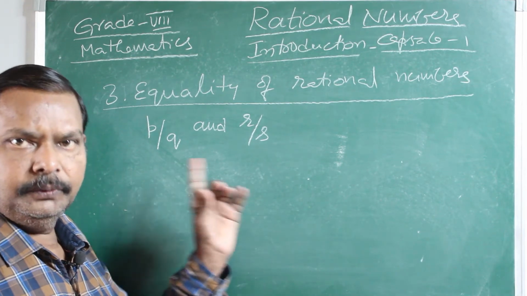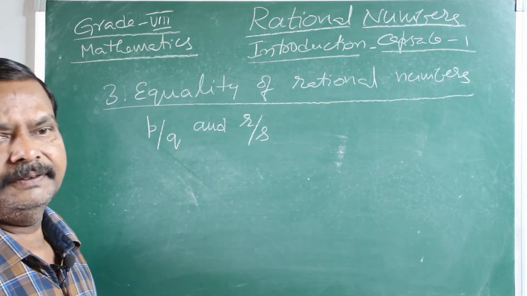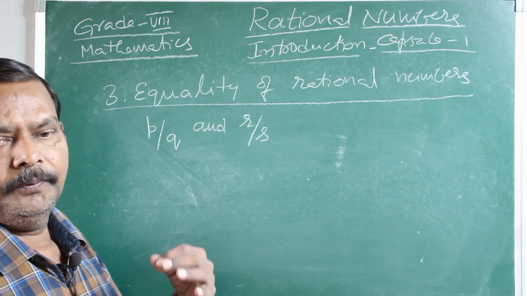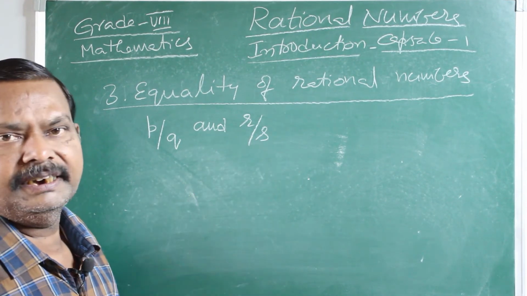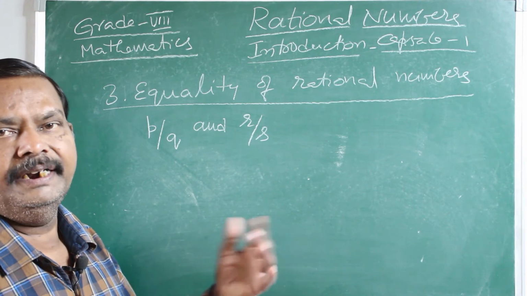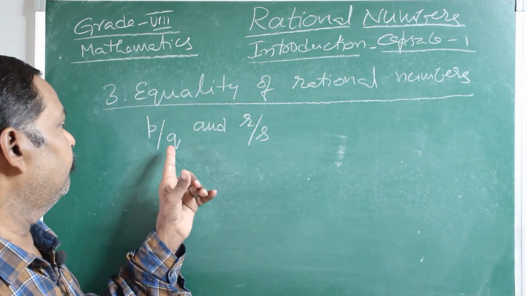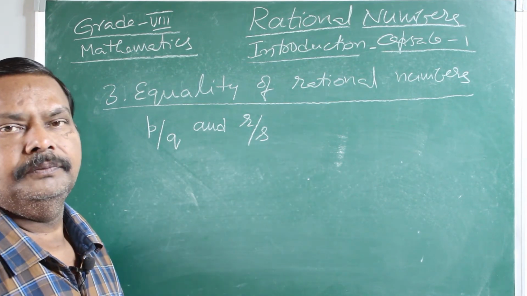So I have taken two rational numbers, P by Q and R by S. P by Q is a rational number, so P and Q are integers. R by S is a rational number, that means R and S are also integers. So Q is not equal to 0, and S is also not equal to 0.